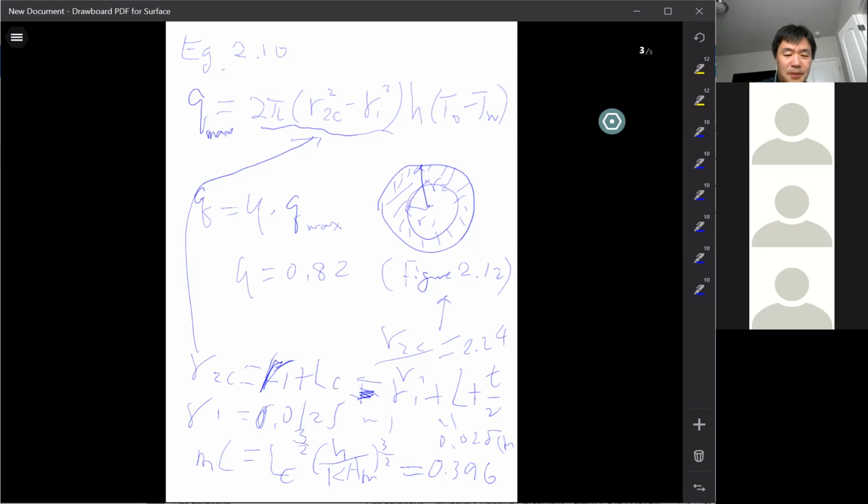So your bottom axis ML is very small, right? 0.396. So it's in the beginning of the plots, where those lines are almost identical, right? Less than 0.4, about 0.4. Okay, so what is your R2C over R1? 2.24. Second curve from the top is 2.